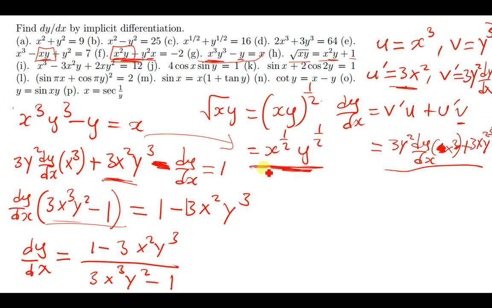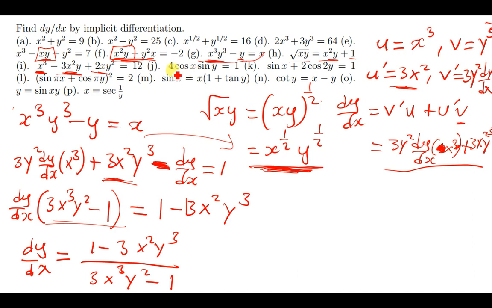This one is now easier to differentiate. You differentiate it using product rule as well. Then you come and replace it in the function for the derivatives. So this one is also straightforward. Differentiating x to the power 3 is straightforward. Here you use product rule. Even there you're going to use product rule.